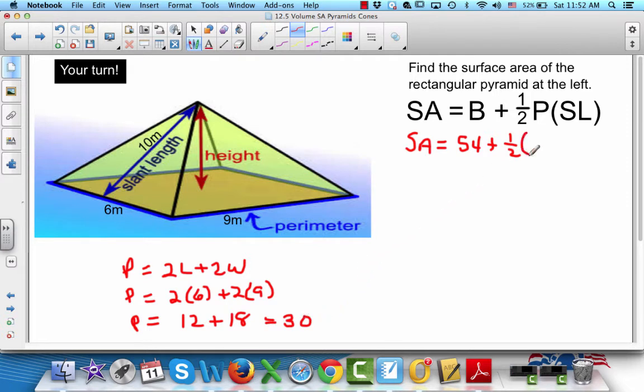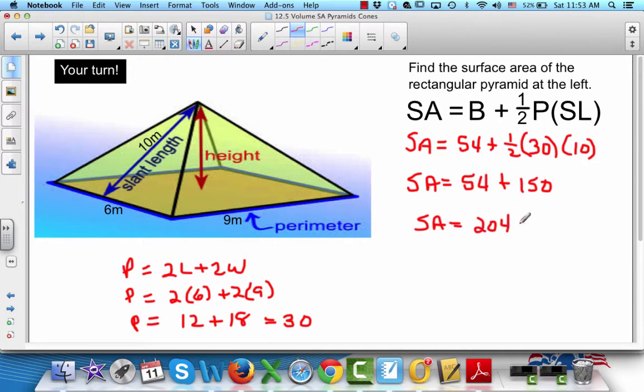So we come back up here and we put 30 here. Our slant length is 10. So that gives us surface area equals 54 plus 1/2 of 10 is 5, and 5 times 30 is 150. So that gives us surface area equals 204, and it's meters squared this time. Did you get that?